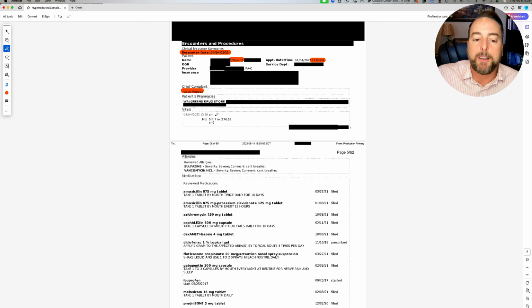Otherwise, probably not. Now, you'll see here they're 5'7", and it does not tell us their weight. This could be relevant to the case, depending.